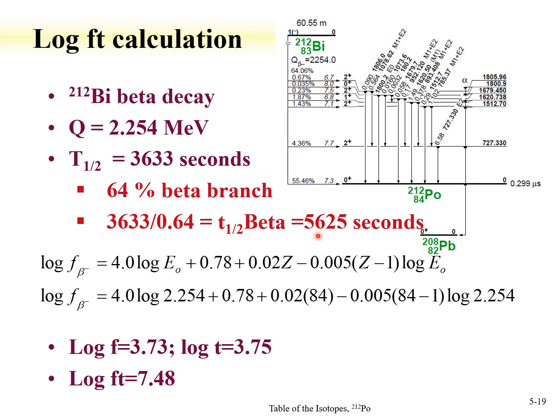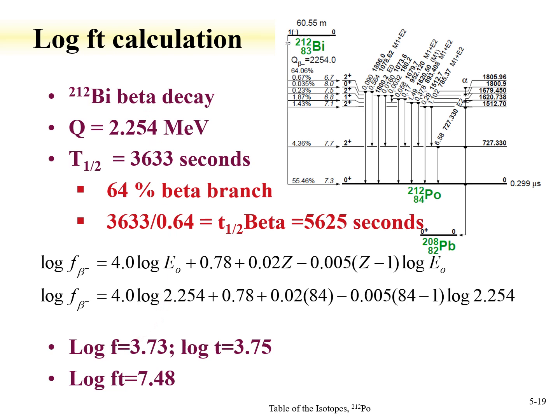Remember that this is a 46% beta branch, so we use one of the equations that we discussed earlier. If I use my equation for the log f beta minus, I have this equation. I plug in my half-life, I plug in my Q value, and 84 for the Z of the progeny polonium. My log f is 3.37.